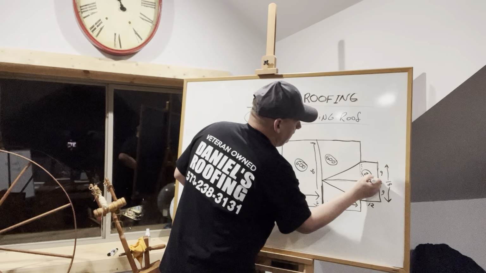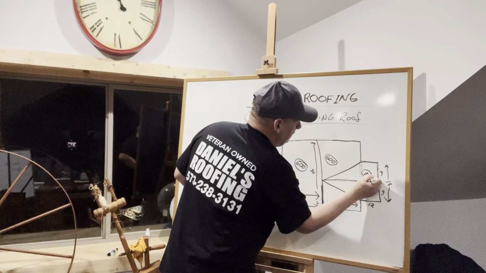And a roofing square is 100 square feet. So all we have to do, first of all, I'm going to go ahead and round this to 1,600, just to make it easy. We're going to divide it by 100. So that will put us at 16 squares.